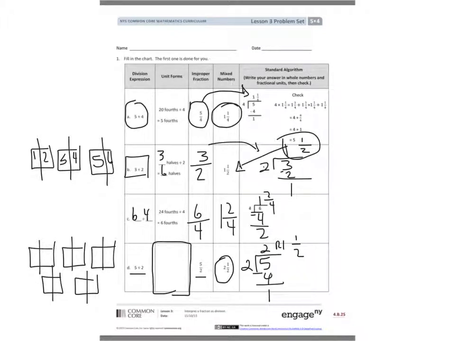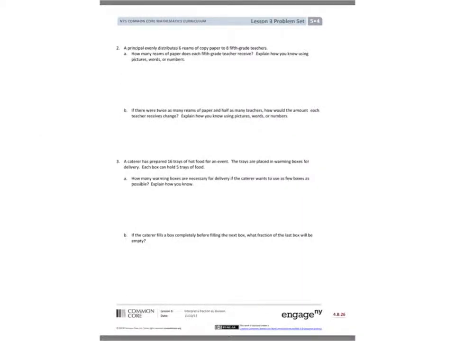And 5 divided by 2, 1, 2, 3, 4, 5, 6, 7, 8, 9, 10 is 10 halves, or 10 halves divided by 2 is 5. That's another way to look at it. Problems, we just need to answer some questions about our thinking.